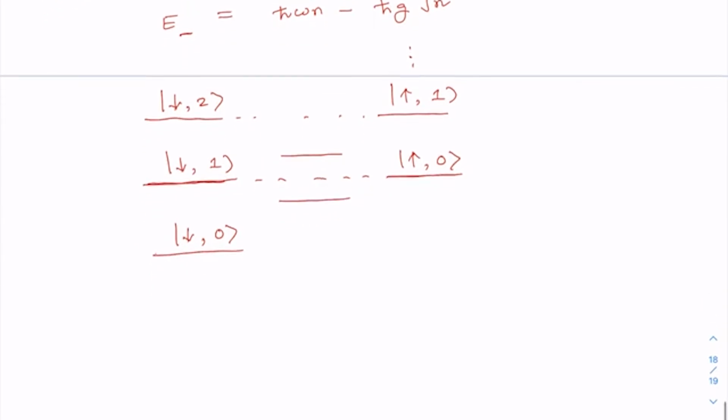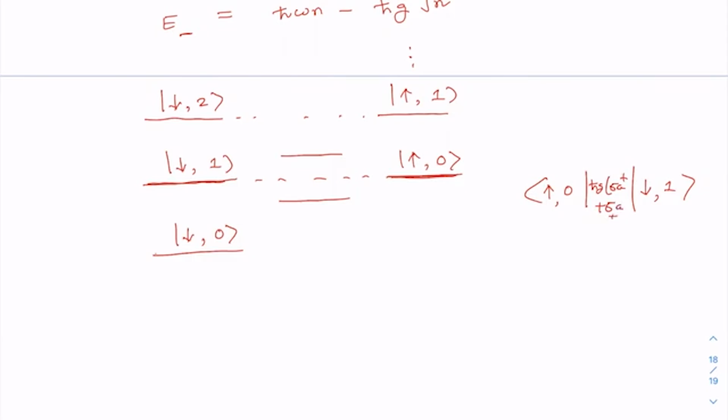If you just look at these two states, you see how they are connected: the atom in the ground state with one photon in the field mode, and the atom in the excited state with no photon in the field mode, and this interaction term ħg. I can write it as sigma minus a dagger plus sigma plus a.